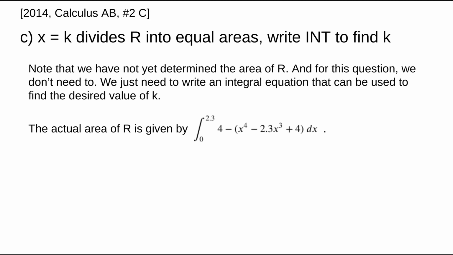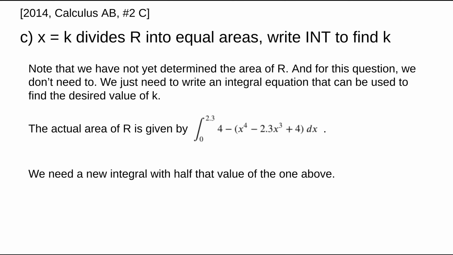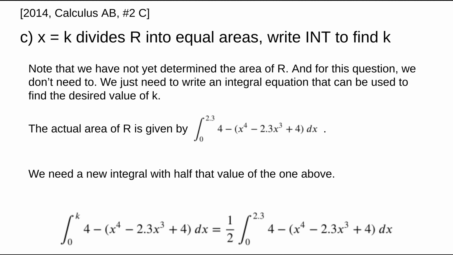Well, x equals k is a vertical line, so k is an x-coordinate for something. I can just use the x-coordinate of k as one of the bounds. So if I use the integral from 0 to k of 4 minus the function x to the fourth minus 2.3x cubed plus 4 dx, whatever that is, I need it to equal half of this integral.